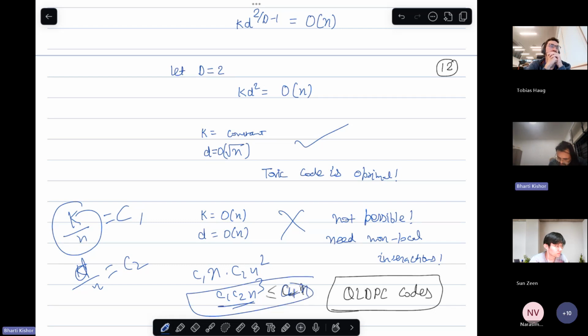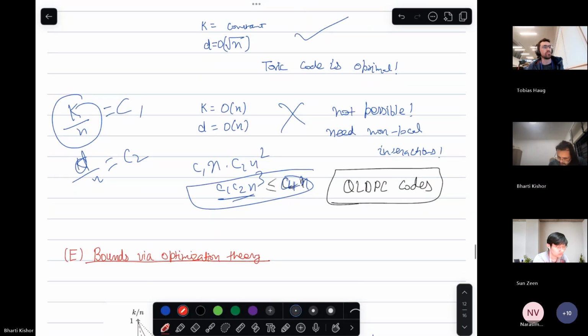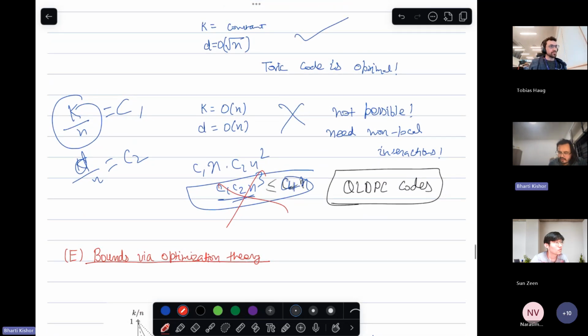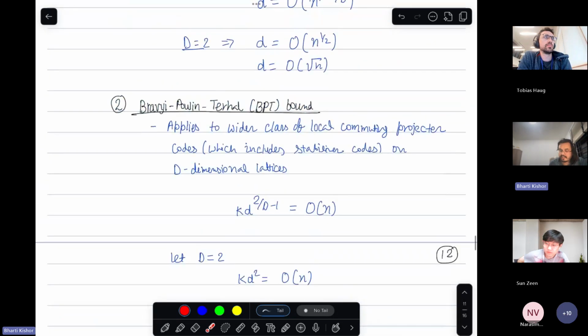Like this thing does not hold. So this is not possible when you put the locality constraint.